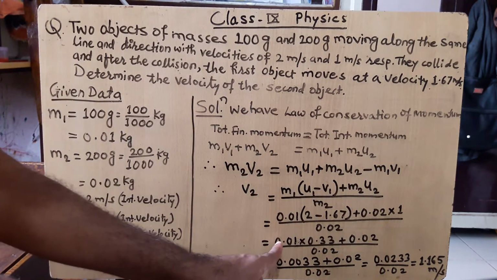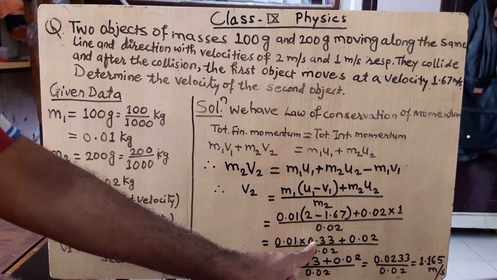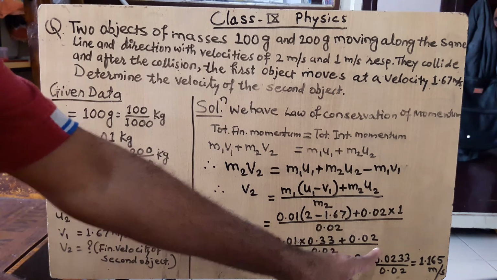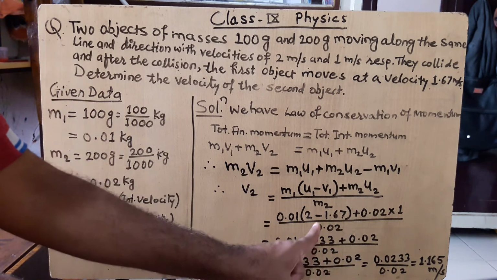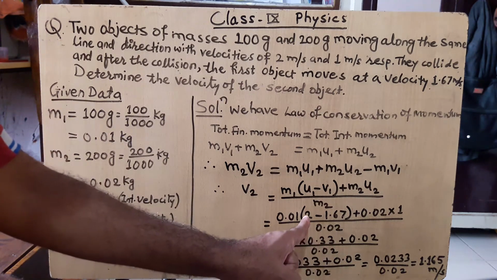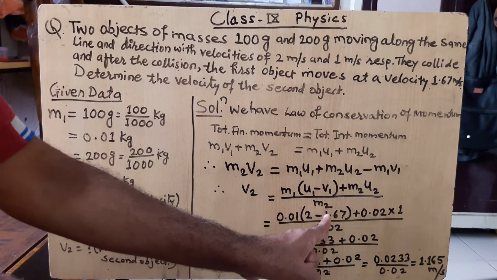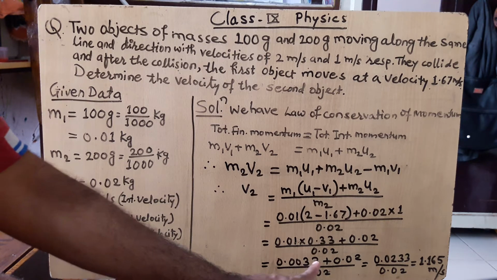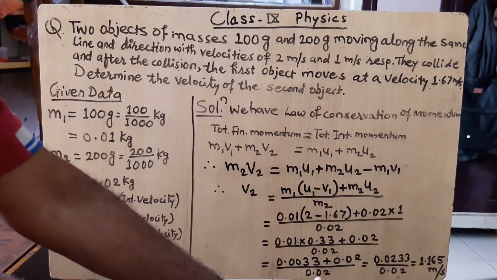Therefore it is 0.01 into 0.033 plus 0.02, upon 0.02. So 0.033 is the subtraction of 2 and 1.67, and therefore this is 0.0033 plus 0.02 divided by 0.02.